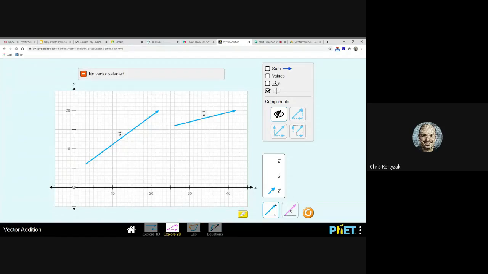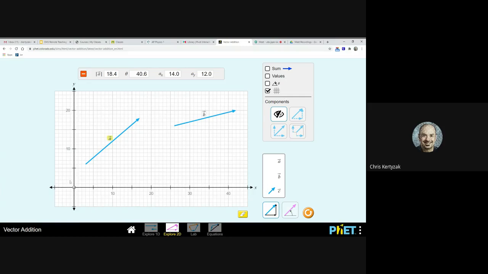So there's vector A and vector B. Maybe not exactly the way I had drawn them before, but I'm pretty close. So if we were to add these vectors together, we would place them head to tail. It's called the head to tail method for vector addition. The head of a vector is the arrow, the end of the arrow, the pointy part. That's called the head.